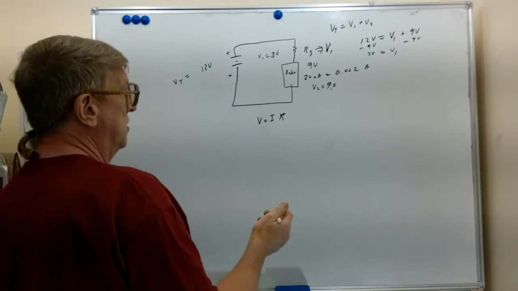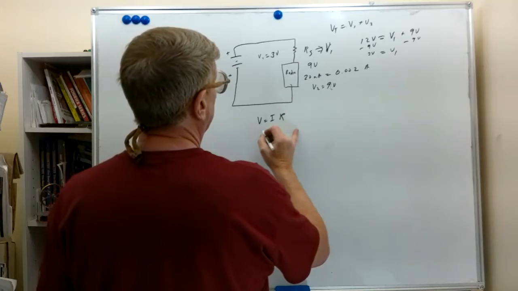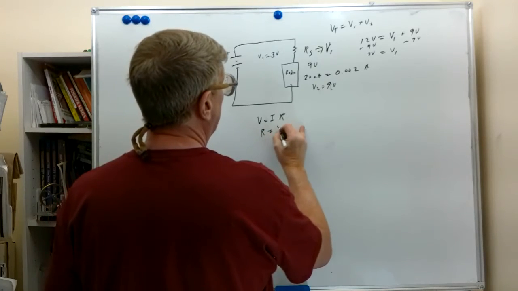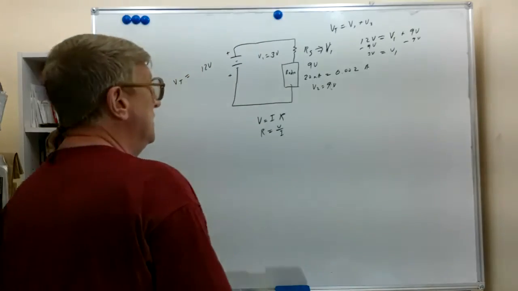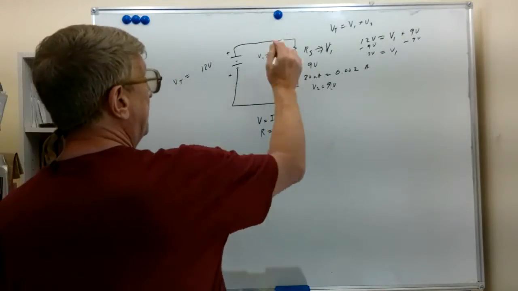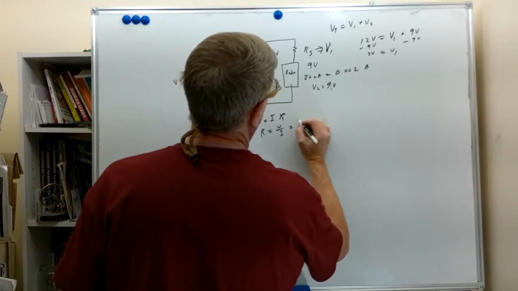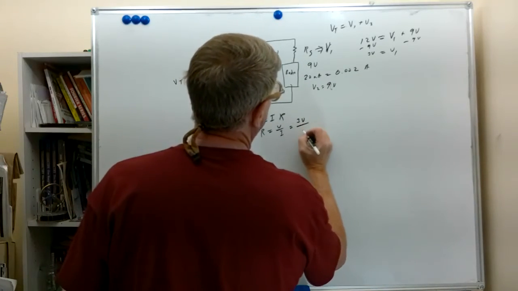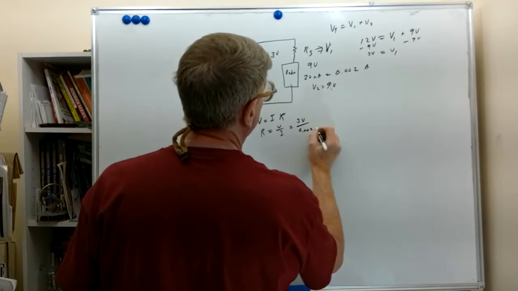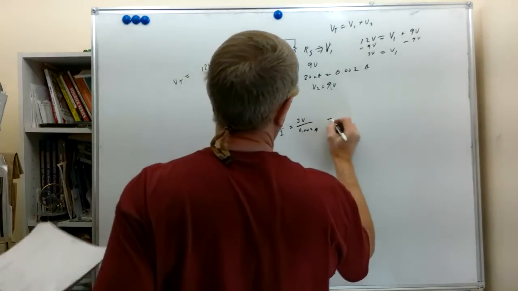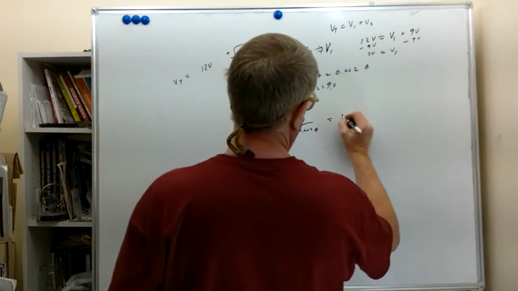We don't know R, so we're going to say that R equals V over I. That's another form of Ohm's law. Well, we know that we need 3 volts, and we know that I is 20 milliamps. So we'll put 3 volts, and we're going to put this in the form of amps, 0.02 amps, and we end up with a resistance of, we need 150 ohms.